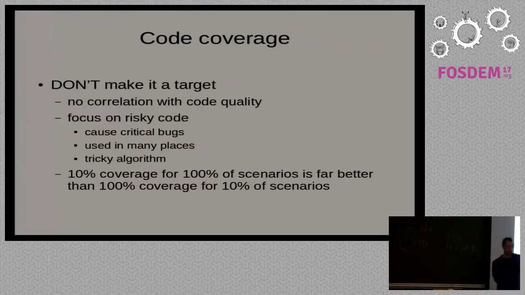That's the risky code, and yeah, put your tests here first. If you cover 10% of your code, the risky code, with 100% of possible scenarios, your tests will be way more efficient than if you have 100% coverage for 10% of scenarios. So yeah, don't focus on coverage, never.